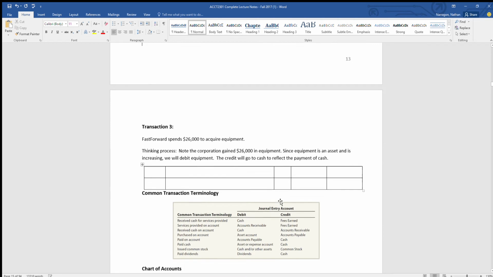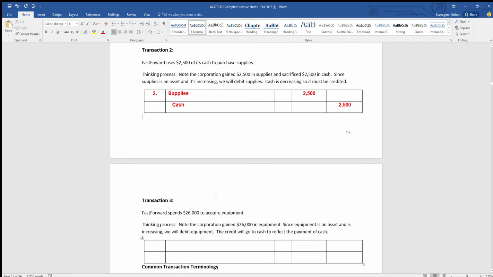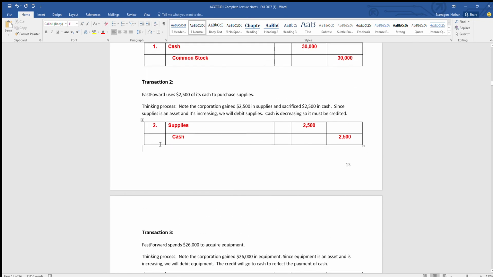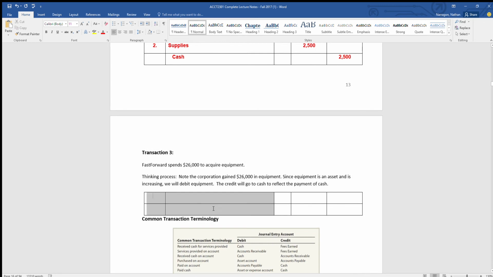Transaction number 3. Now we have Fast Forward spends $26,000 to acquire equipment. They acquire equipment. This is going to look pretty similar to this, because they spent, and spent just defines as cash. Cash is going out. This time they bought equipment, so there's equipment, and it's going to be for $26,000.